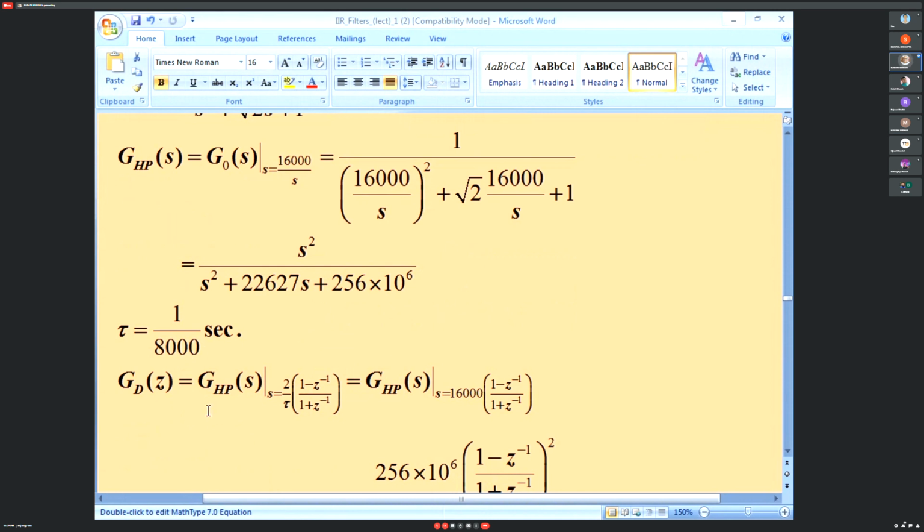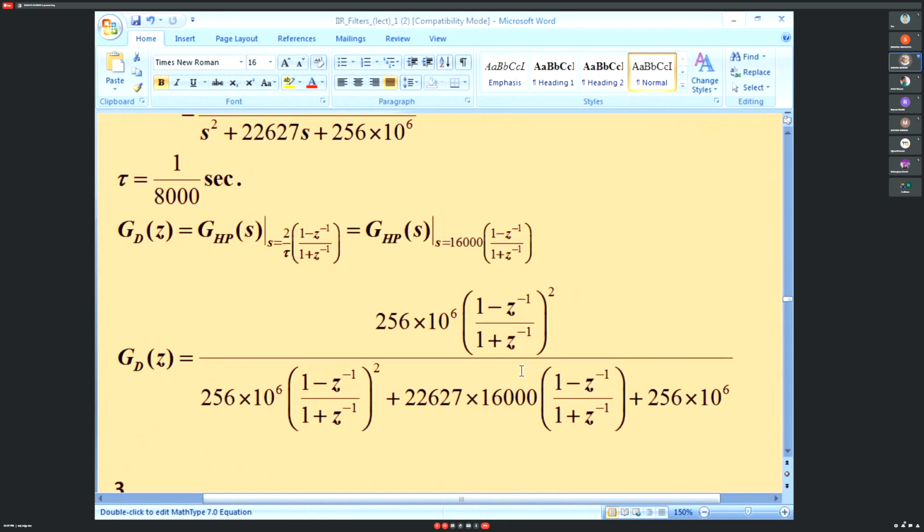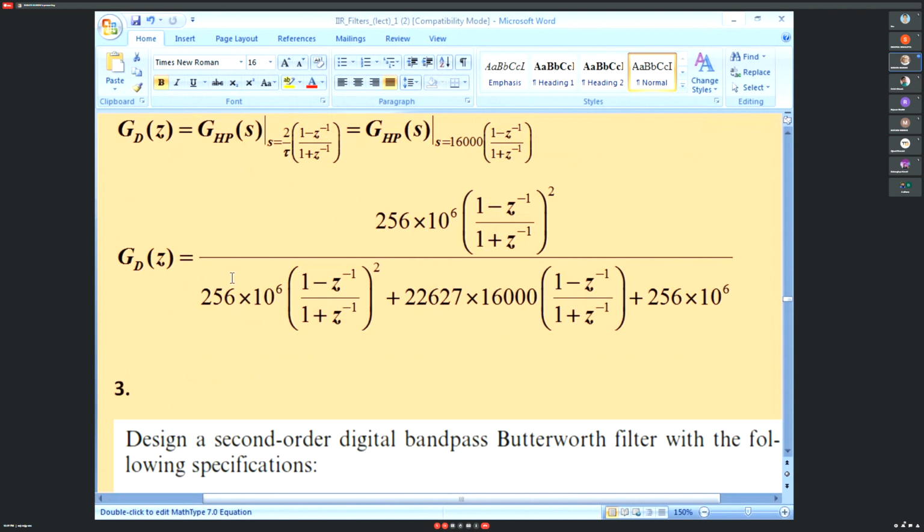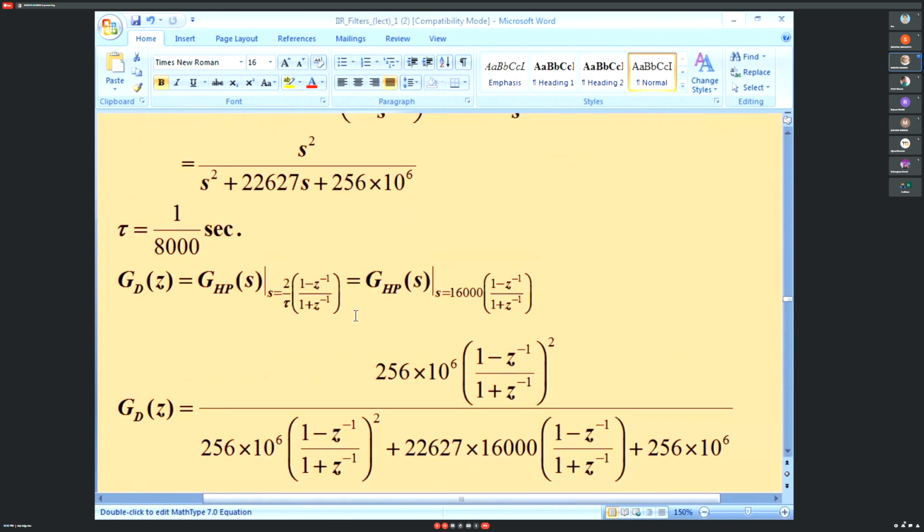So GDZ will simply be GHPS with S replaced by 16,000 into 1 minus Z to the power minus 1 by 1 plus Z to the power minus 1. So that is GDZ. You can simplify it further, then write it as YZ by XZ, cross multiply, rearrange the terms, take the inverse Z transform to get the difference equation.